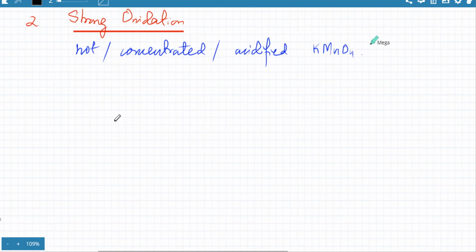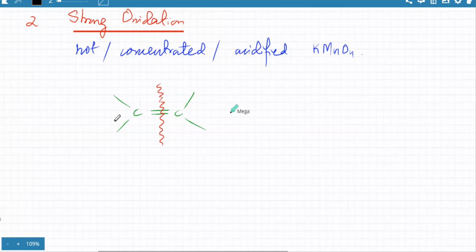The first thing is that whenever you see a double bond in a molecule, unlike the previous case, the double bond would break completely. It won't turn into a single bond. It's going to completely break, and the molecule would split into two parts.